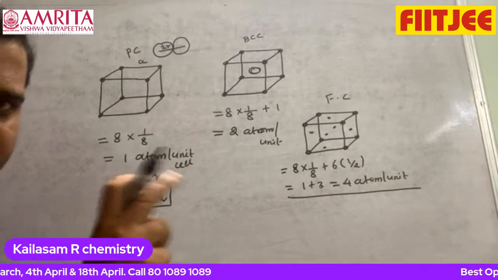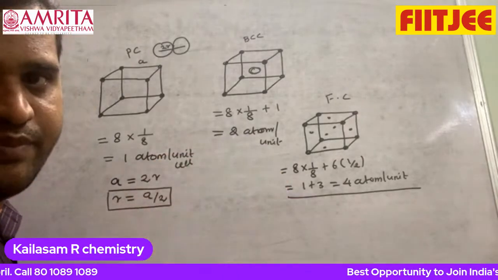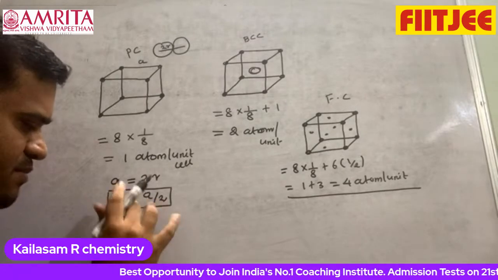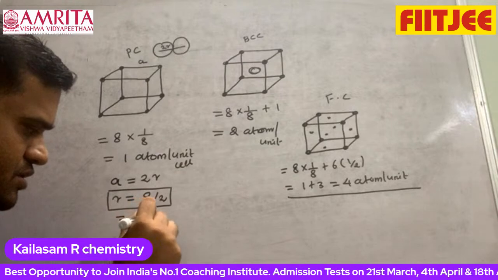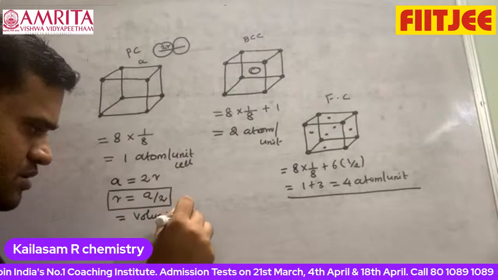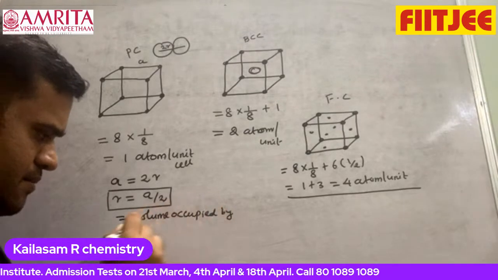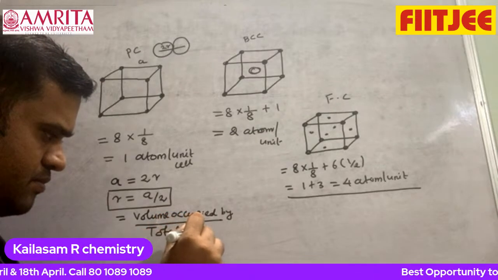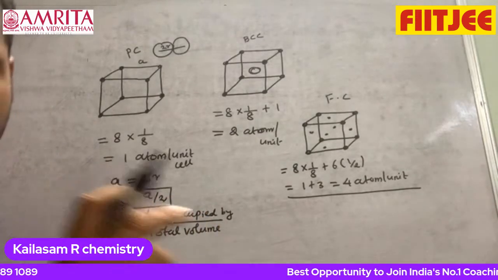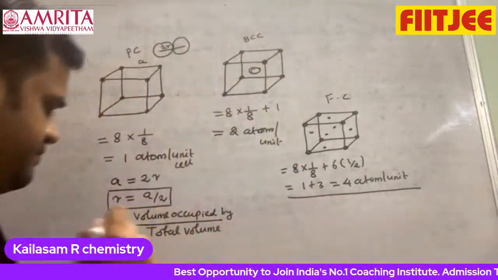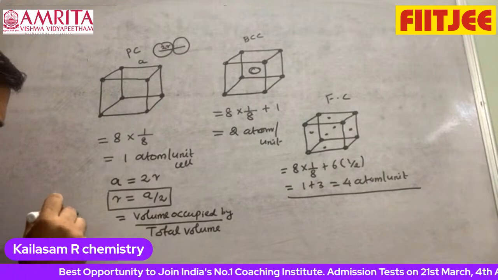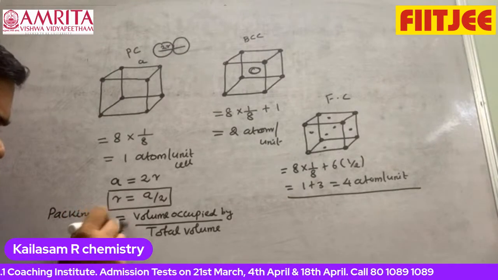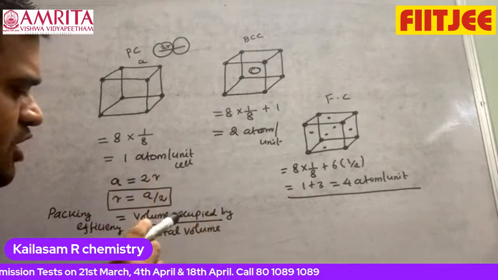From this, we are able to find out the efficiency of the primitive cell. Efficiency means volume occupied by atoms by total volume, which you can call the packing efficiency. How many atoms are occupying here?